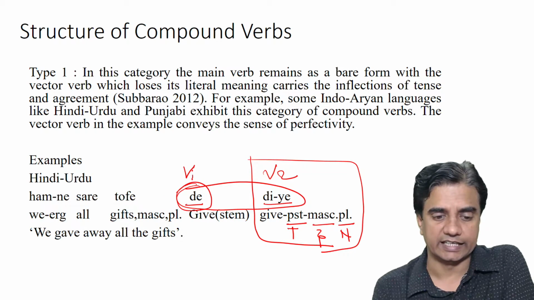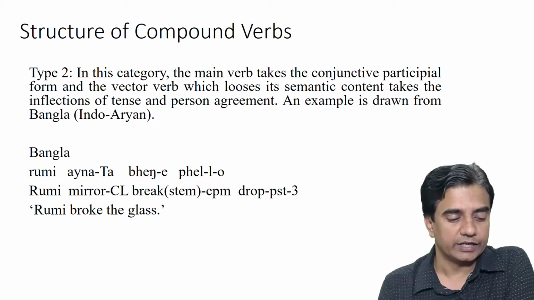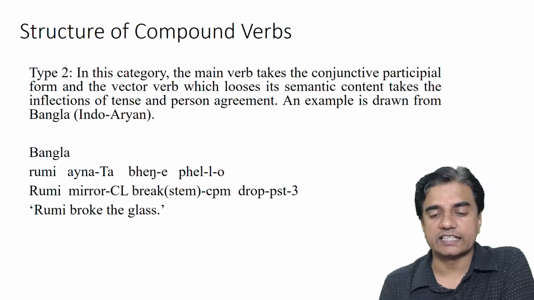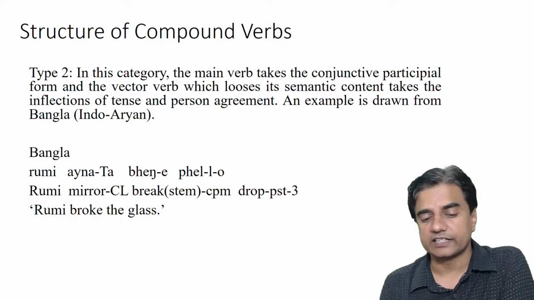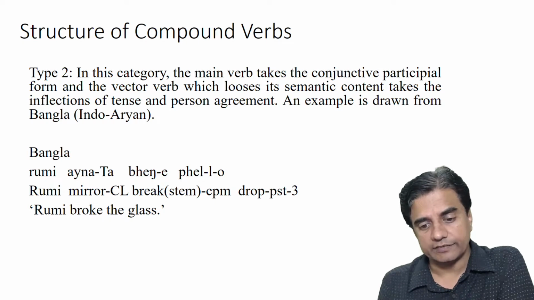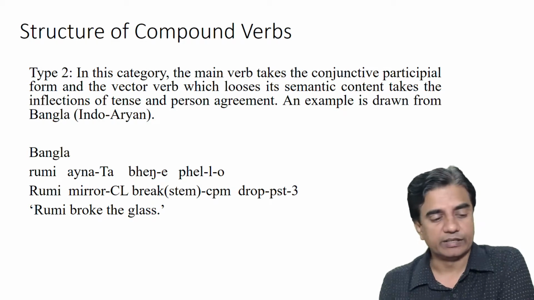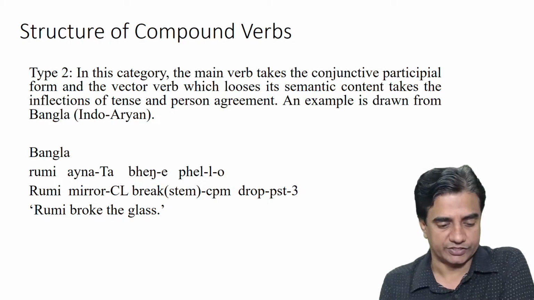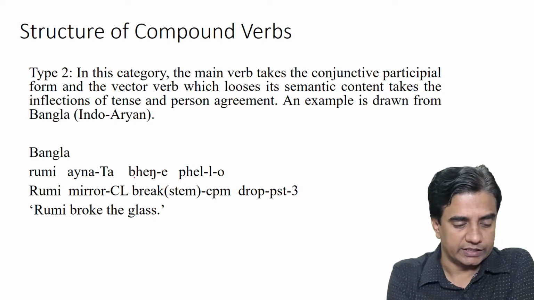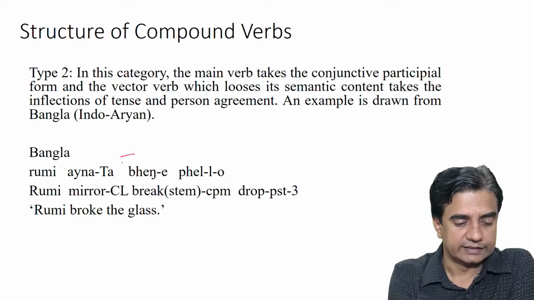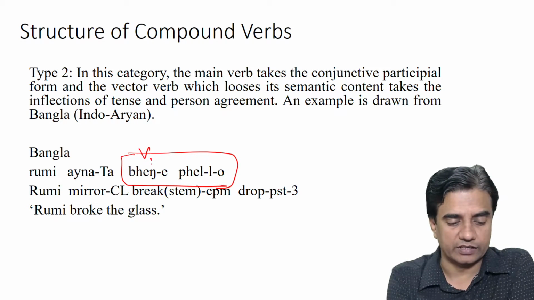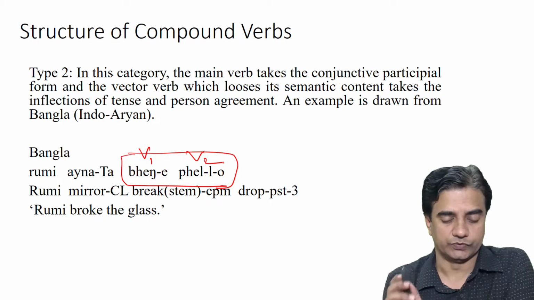Let's look at another example from Bangla, where the main verb takes the conjunctive participle form and the vector verb definitely loses semantic content but takes the inflection, with tense and person agreement on it. So here is the unit, and this is V1 and this is V2.